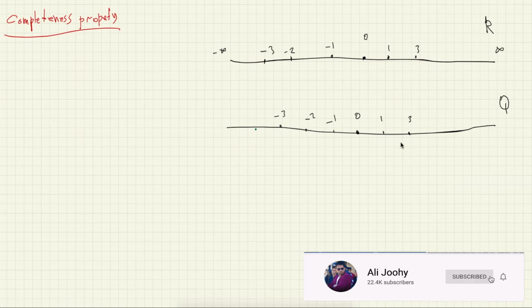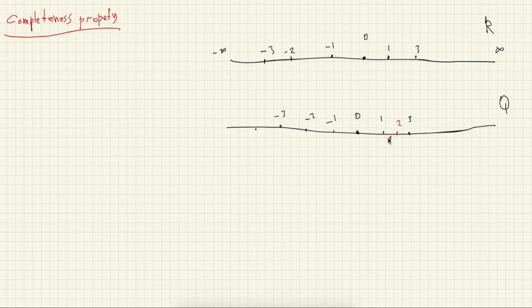For example, the square root of 2, which is located here, is missing, it is not in Q. It doesn't belong to the rational numbers.